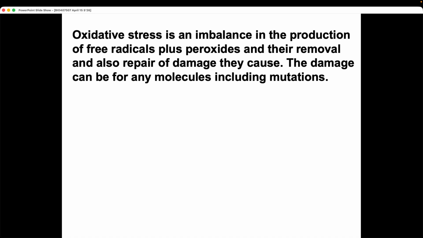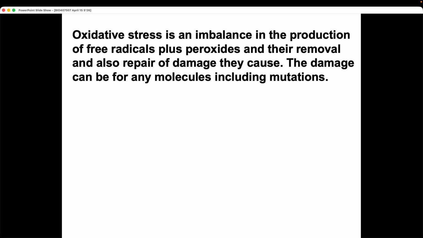Oxidative stress is an imbalance in the production of free radicals plus peroxides and their removal, and also repair of DNA damage they cause. Our bodies are always metabolizing nutrients, and the metabolism of nutrients and other cellular processes produce free radicals. Those free radicals have to get dealt with, both by trying to remove or inhibit them, and then also repairing the damage that they cause.